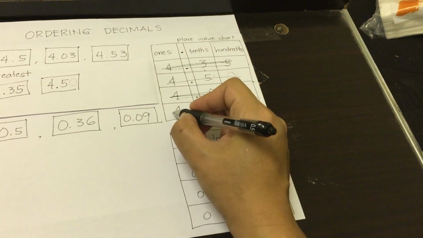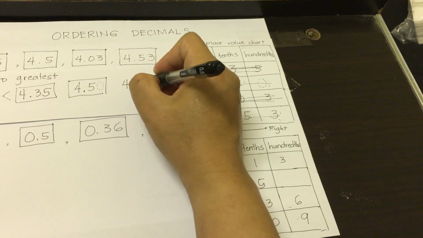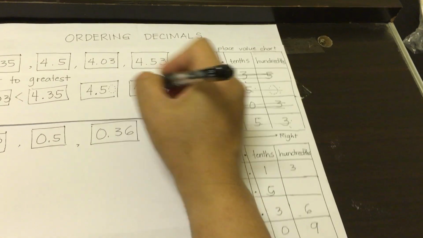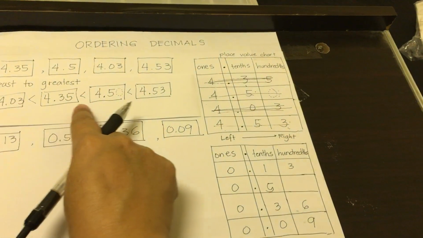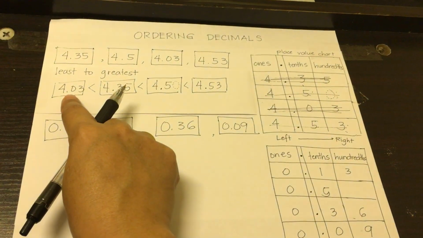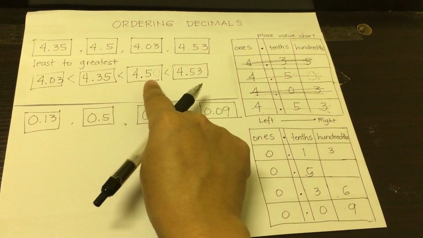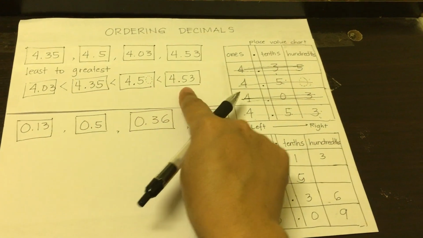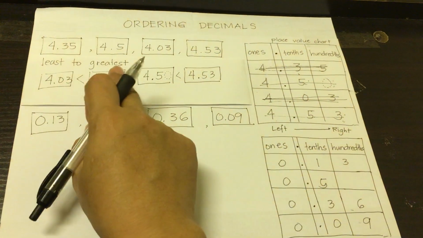So it means that 4 and 53 hundredths is the greatest. Okay. So now, this is the numbers from least going to greatest. So least is 4 and 3 hundredths, 4 and 35 hundredths, 4 and 5 tenths, 4 and 53 hundredths. So this is from least to greatest.